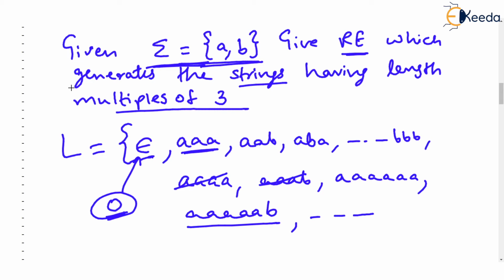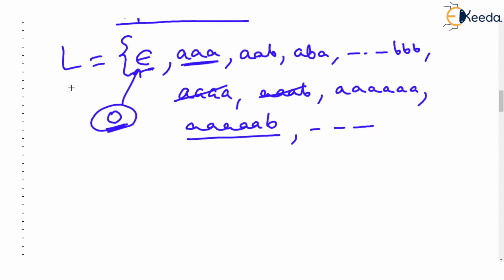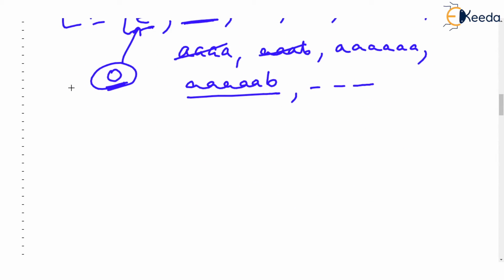So how do you think over it? What will be the language exactly? We need the strings which are having length multiples of 3. So now you know exactly length 3, the regular expression we got was (A plus B) cube. This will give you all strings which are having length exactly 3, isn't it? Think over it.